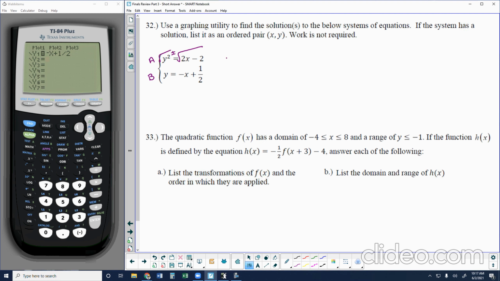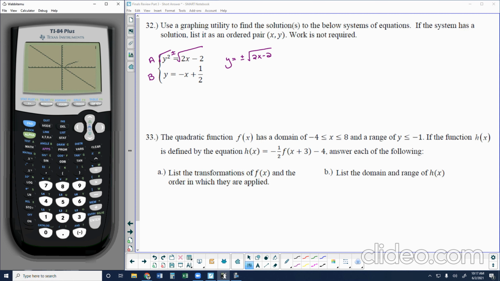Now remember, if I create a square root in the process of rewriting an equation, it's going to create a positive version of the square root as well as a negative version. So I need to make sure in my graphing calculator I input both of the two roots, both a positive option and a negative option, and then I can look at my graphing calculator.